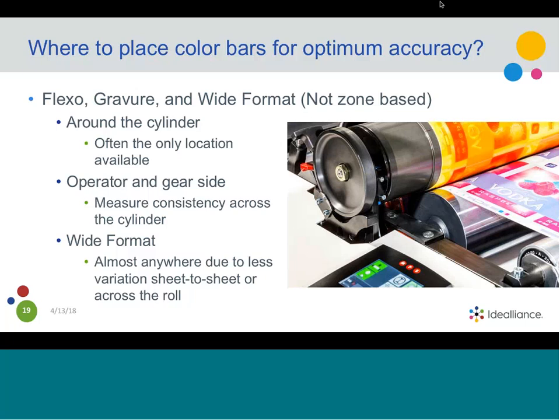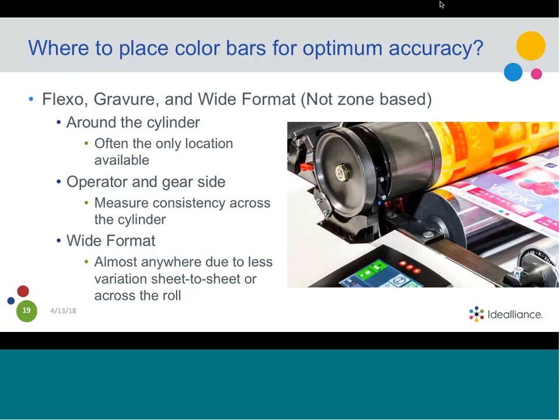Probably because that's a good place for controlling consistency of pressure on the cylinders, and also it's probably the only area on the sheet that there's any extra room. Of course, if there are bars actually in the project itself, then you're going to have bars there also, but from a control standpoint, it's going to be on the outer edges around the cylinder.